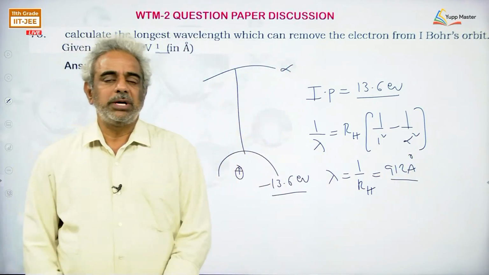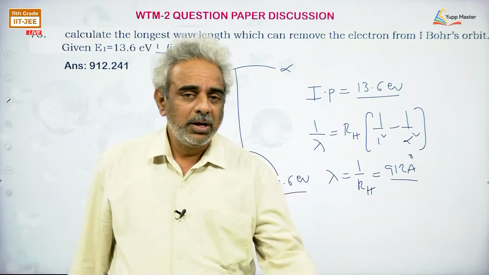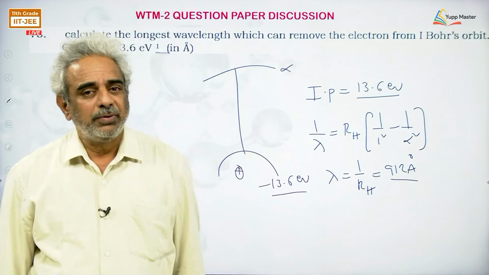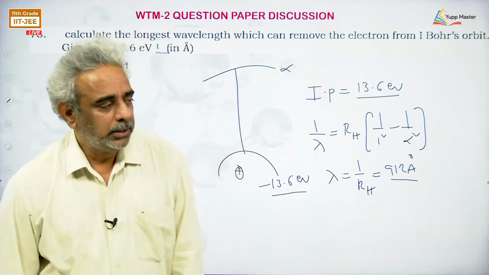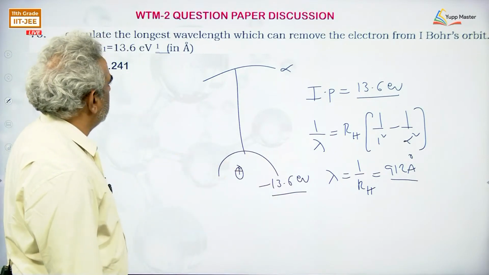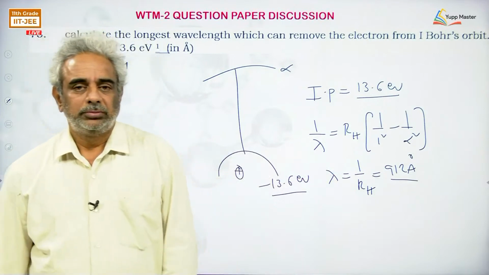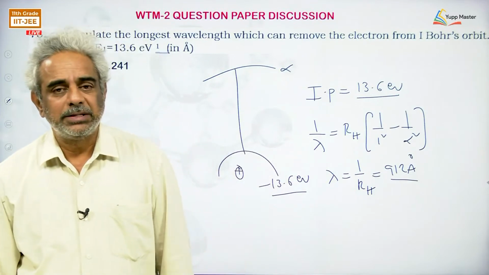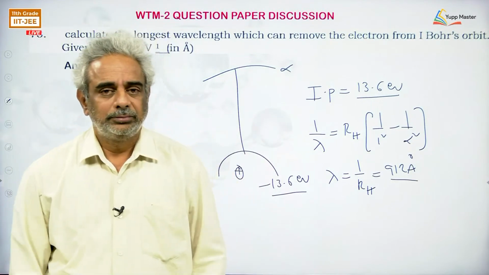So, whenever hydrogen atoms are exposed to ultraviolet light with wavelength 912 or less than 912, the electron will be knocked out. That is the shortest wavelength. He is asking to calculate the longest wavelength. Yes, this is the best, or you should use a lesser wavelength than this. If the wavelength increases beyond this, you can't get the electron. That is it.